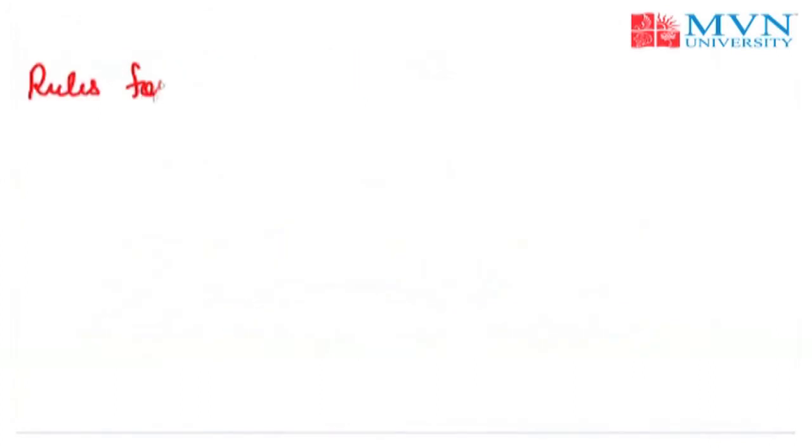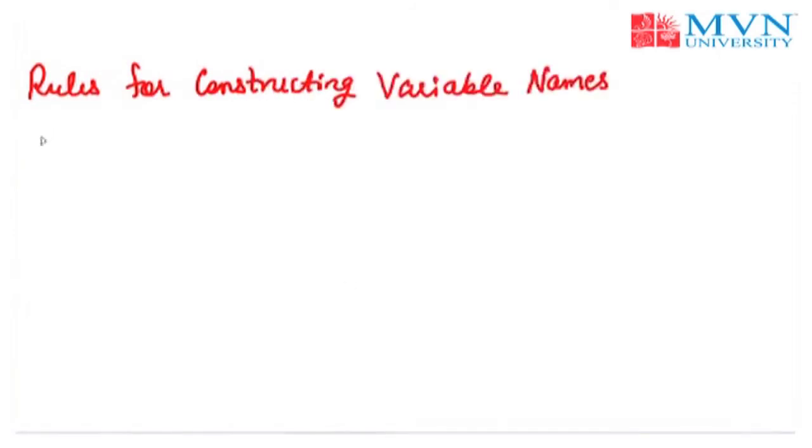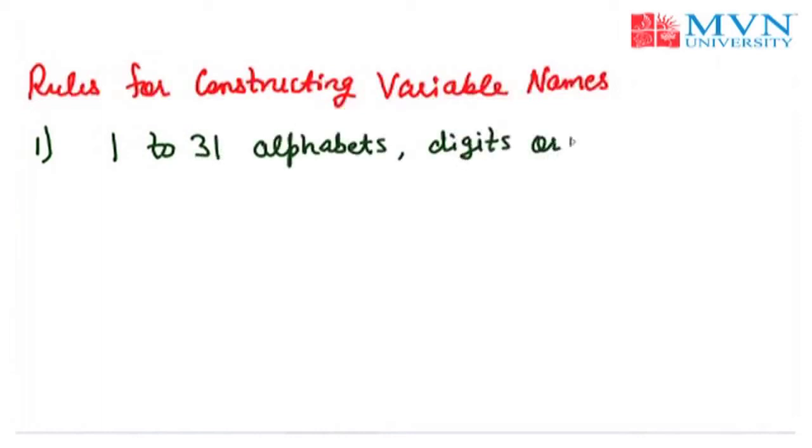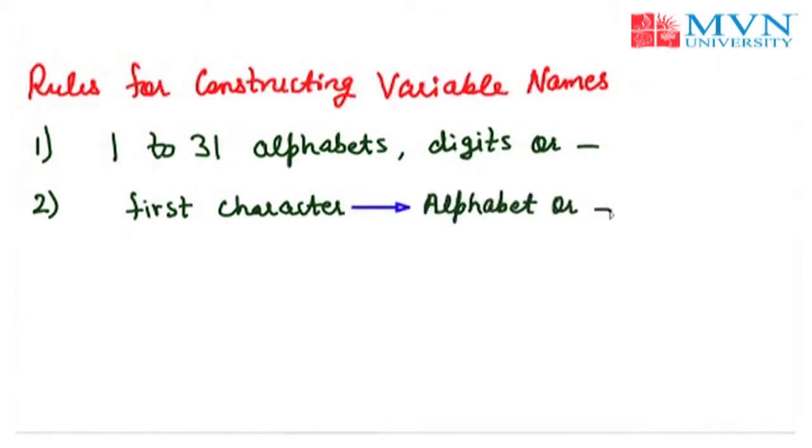Now there are some rules for constructing variable names also. First rule is that a variable name is a combination of 1 to 31 alphabets, digits or underscore. Second rule is the first character in the variable name must be an alphabet or underscore.